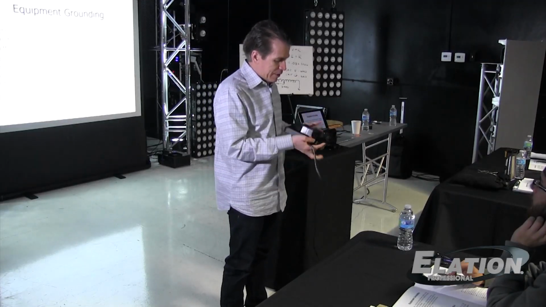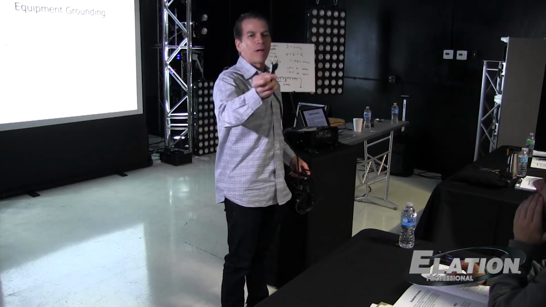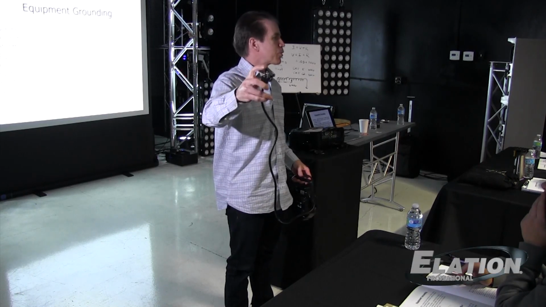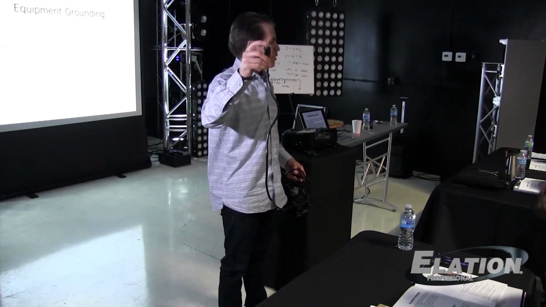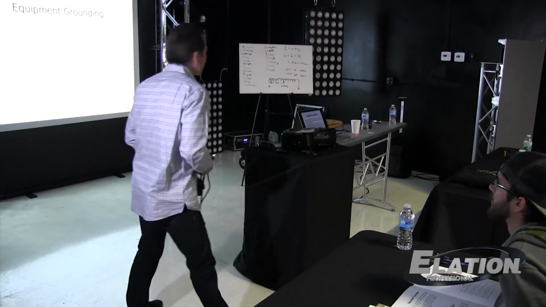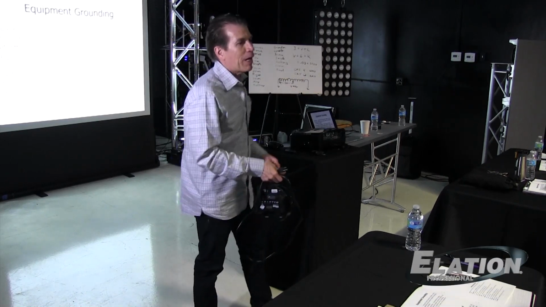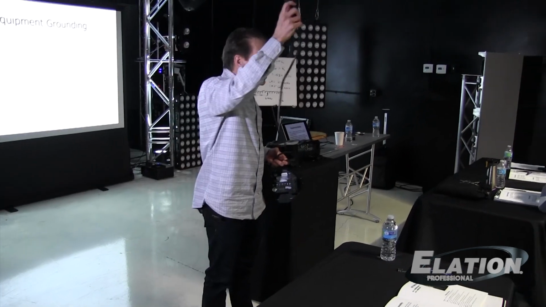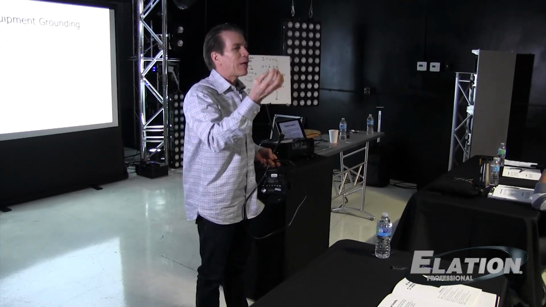Now notice that this power cable has a 3-prong connector. You've got your hot, your neutral, and then what's the round one? Ground. That's the ground. So when you plug it in, that connects to that green grounding conductor that goes back to the supply. Now, if you were to look inside of this cable, you'd find 3 wires. The black, the white, the green.